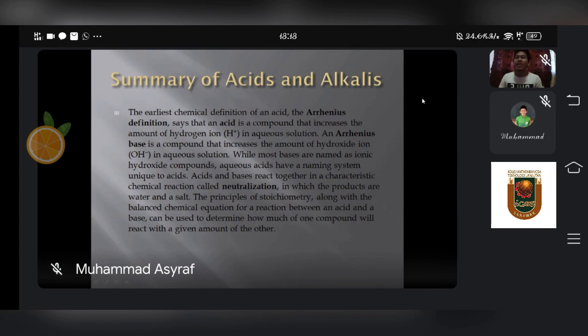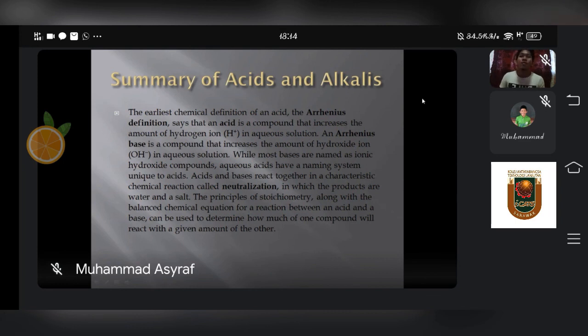An Arrhenius base is a compound that increases the amount of hydroxide ion, [OH-], in aqueous solution, while most bases are named as ionic hydroxide compounds. Aqueous acids have a naming system unique to acids. Acids and bases react together in a characteristic chemical reaction called neutralization, in which the products are water and salt.